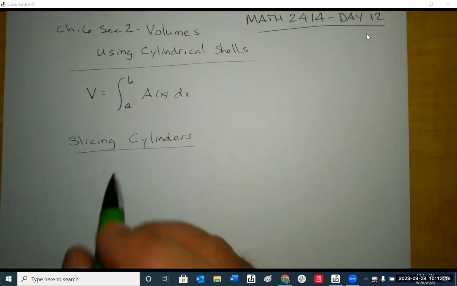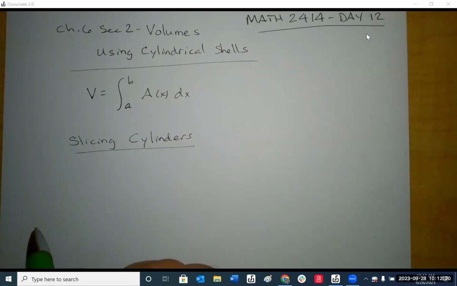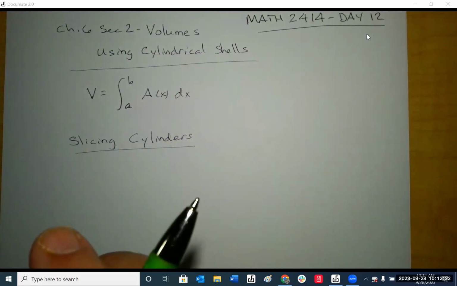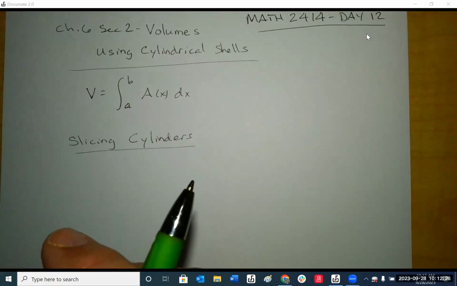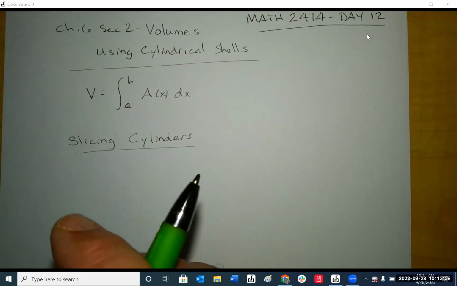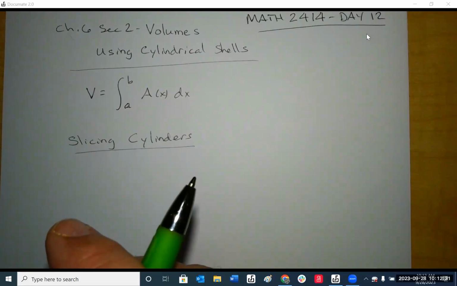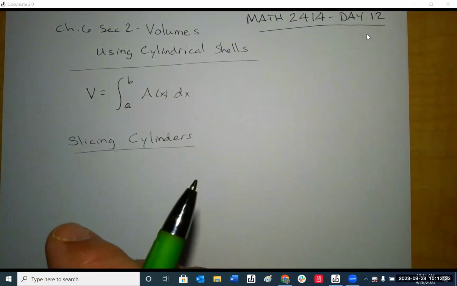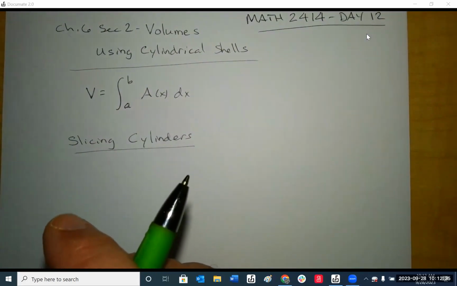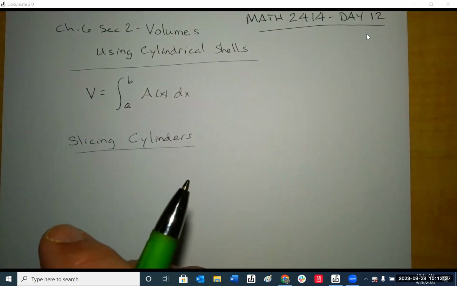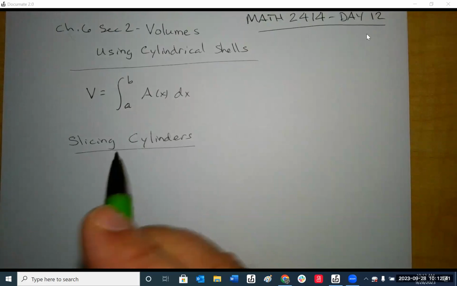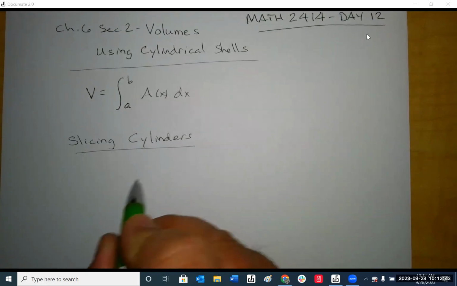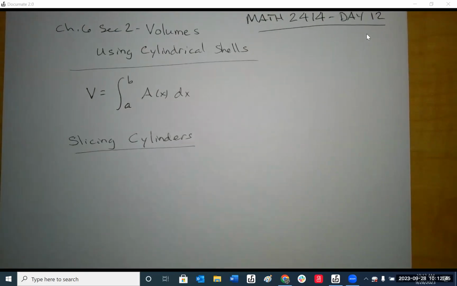So let's pretend we're slicing through something where the radius isn't constant. Because in the last section, all the methods, the disc method and the washer method, our radii were constant. What if now the radius changes? For example, we'll look at the first example.